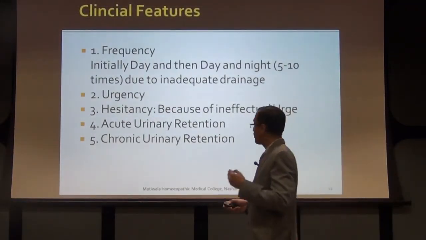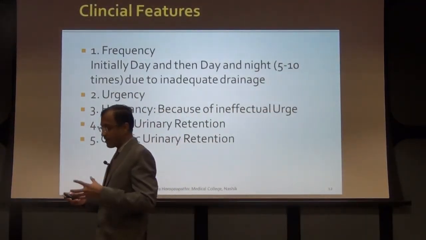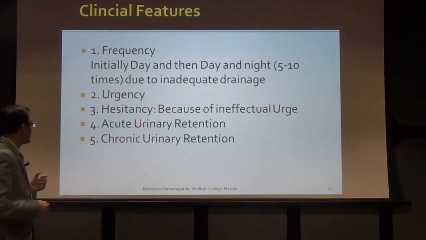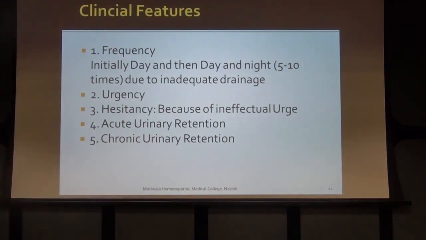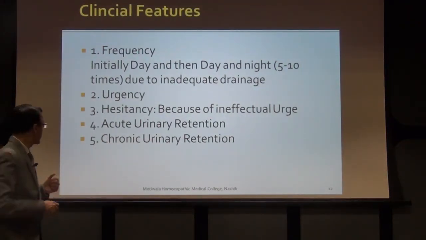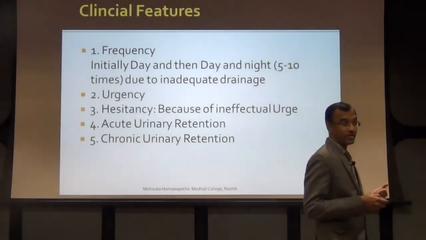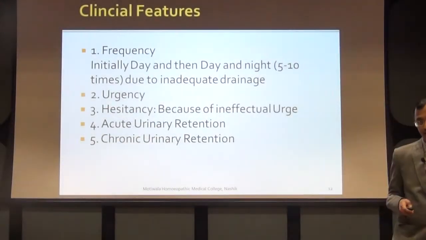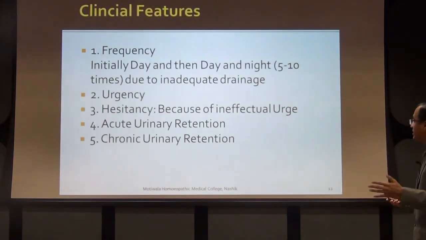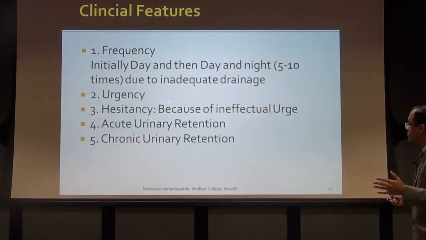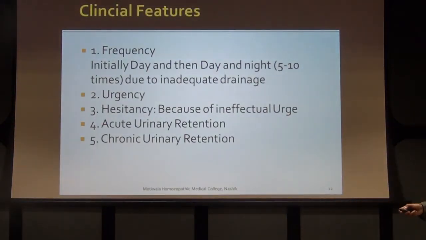Once the prostatic hypertrophy develops, you will understand that it can land up in acute urinary retention. And if not treated, it will further rise to chronic urinary retention. So in an approach, I need to treat at the symptomatic level as one approach.